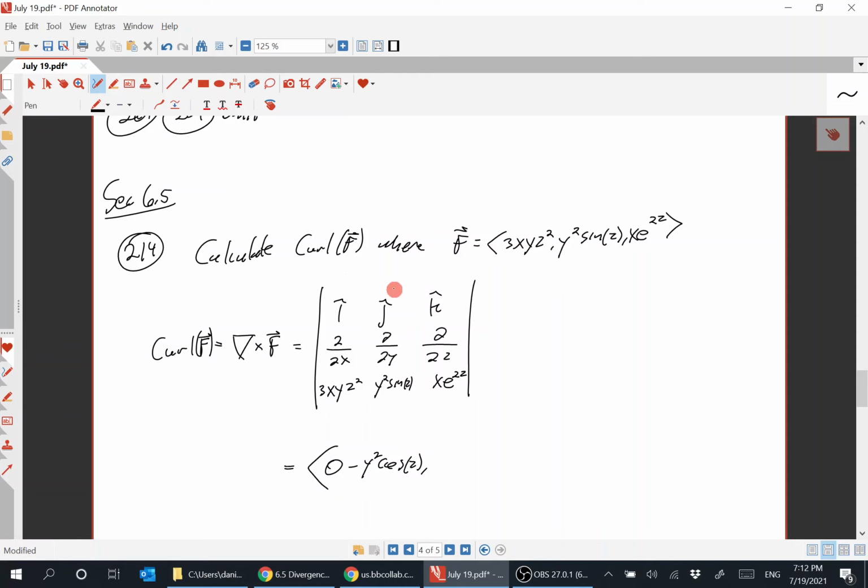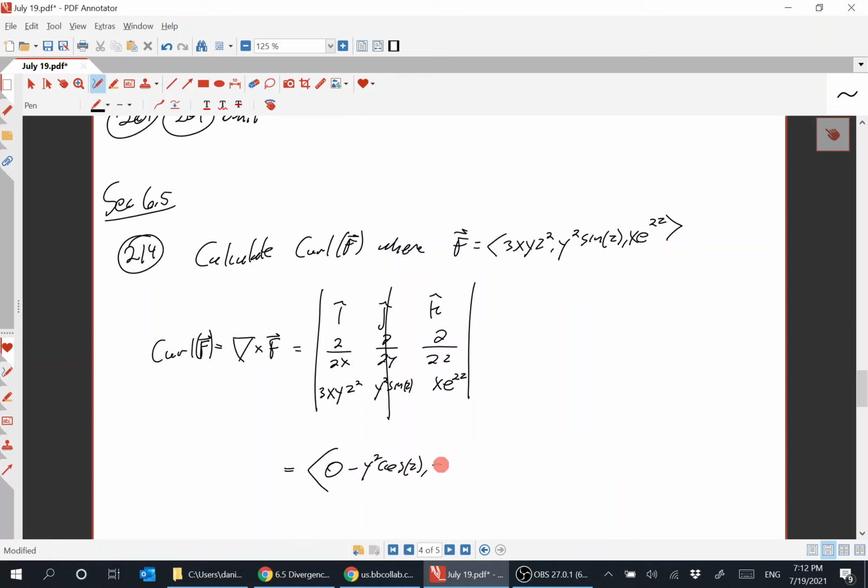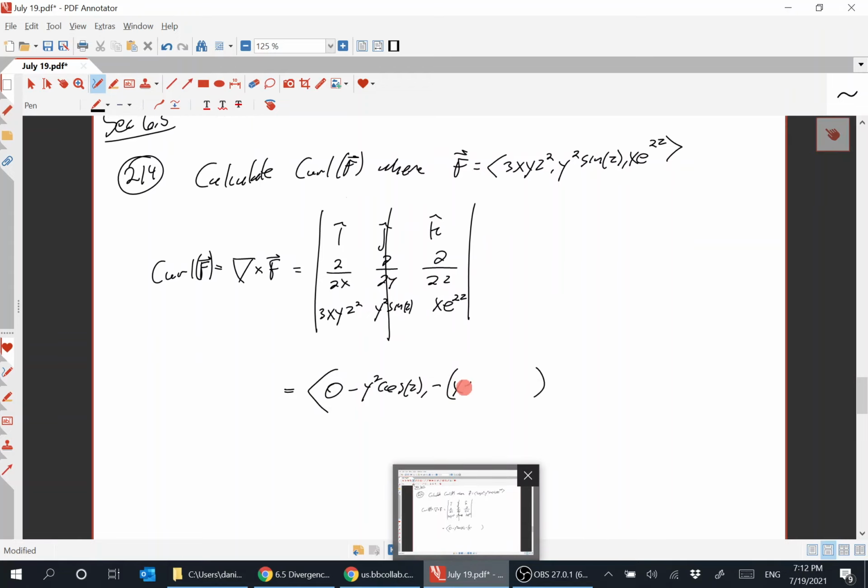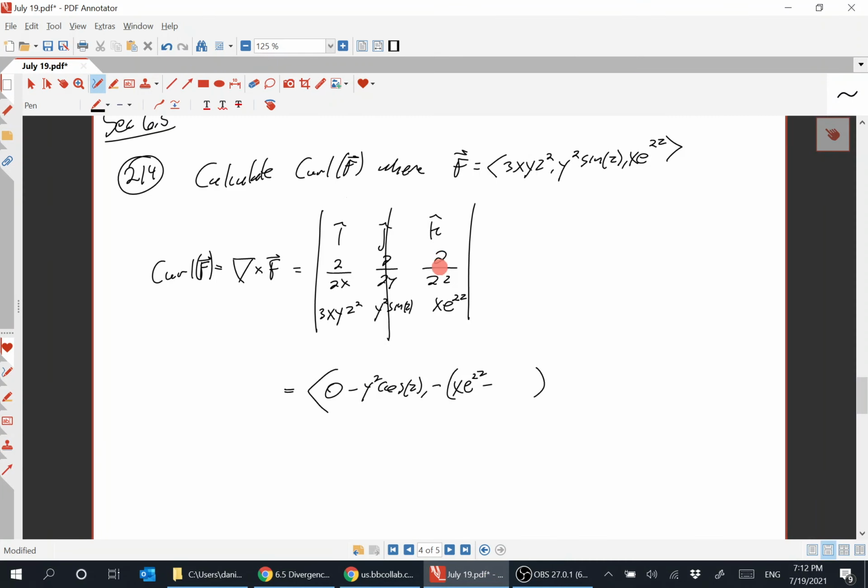And in the j-coordinate, it's negative the partial with respect to x of this function, which is just x e to the 2z, minus the partial with respect to z of this function, 6xyz. And of course, we're going to negate that difference.